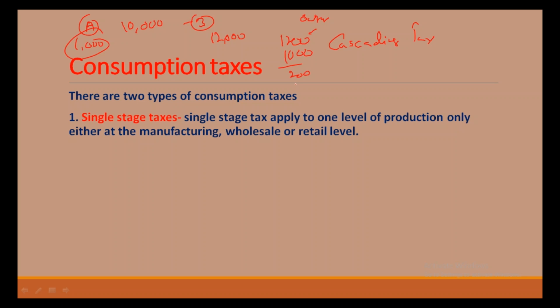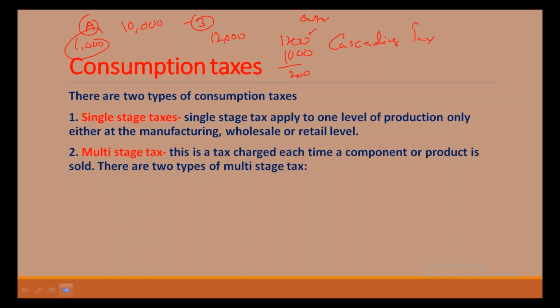When you sold it to me for 12,000, ultimately I have paid the taxes of 1,200. That is what is happening. So that's simply a consumption tax, and this is what is really happening with the value added tax nowadays. So it can be a single stage tax.